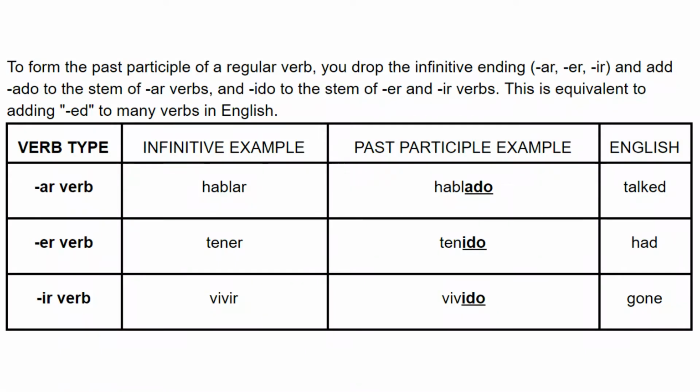Now, to form the past participle of a regular verb, you're going to drop the infinitive ending AR, ER, and IR, and you're going to add either ado for AR verbs or ido for ER and IR verbs. Now, this is equivalent to adding ED in English.